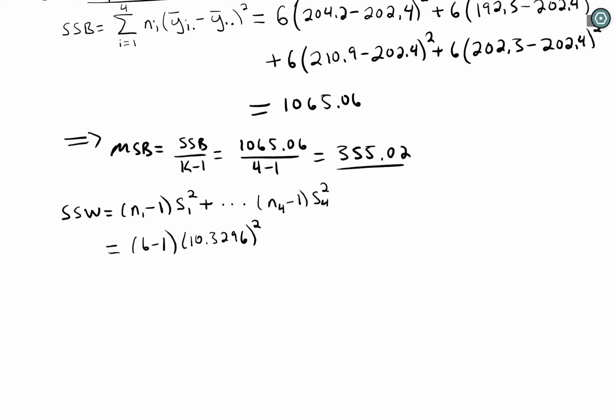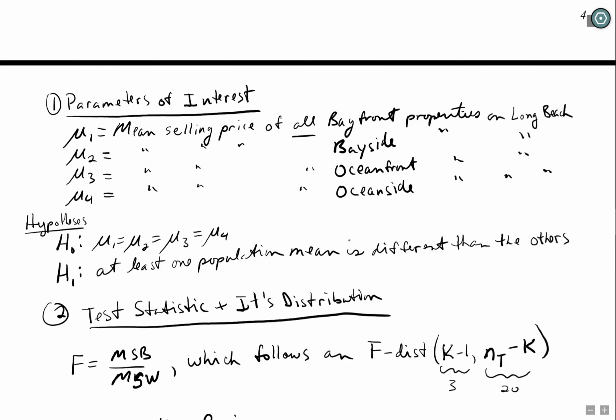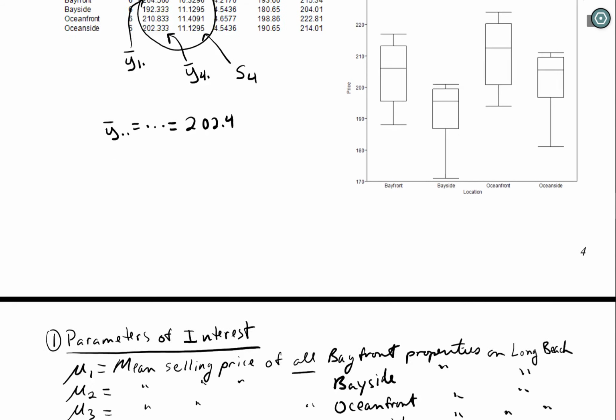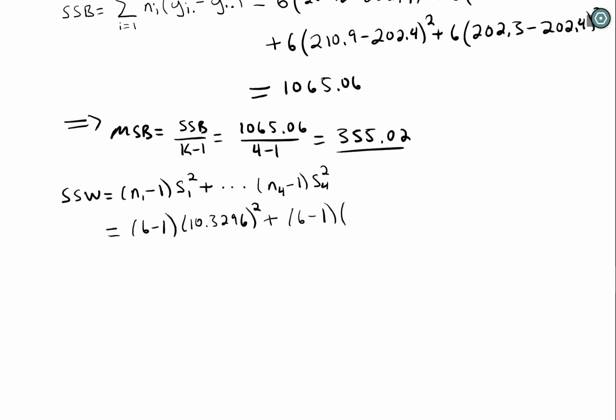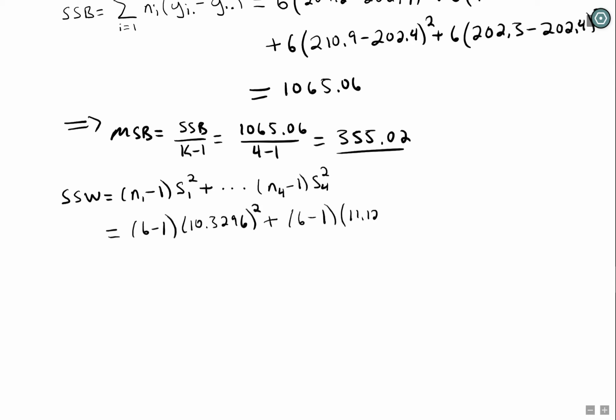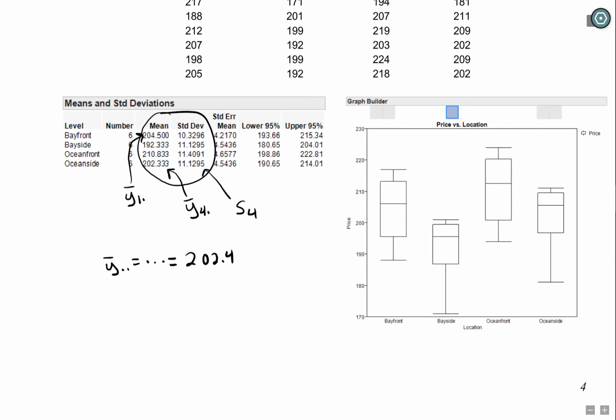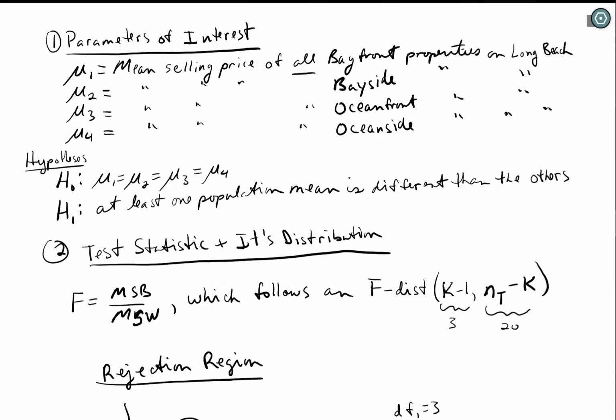and then I'm going to go to the second sample here. And I'm going to have again 6 minus 1 times s2. I got to go up and look at what s2 is. 11.1295. Square that. Plus 6 minus 1 times s3. Got to look at that. 11.4091.